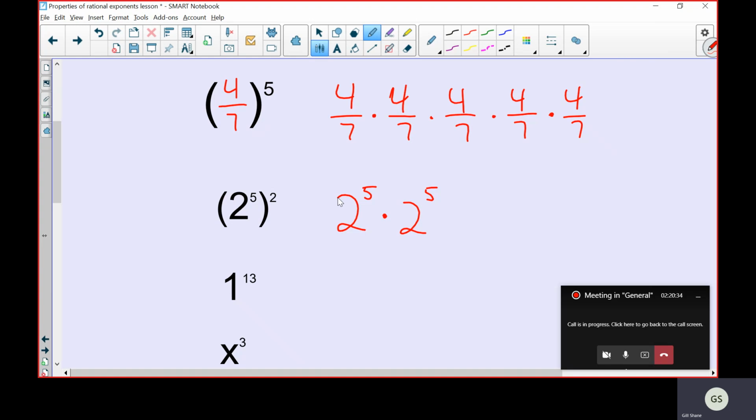Now we learned the rule, 2 rules actually, that allows us to then combine that. So the product rule says if we are multiplying terms that have the same base, and this is from your sheet, so I'd have your sheet out today and we'll use it a little bit. We write the base.